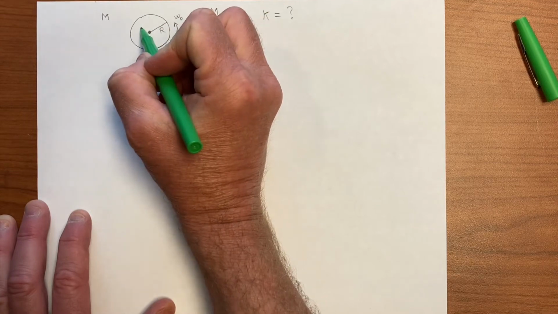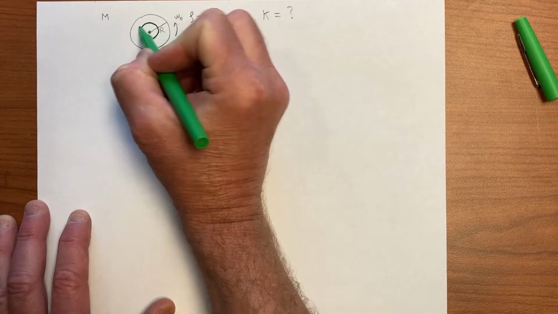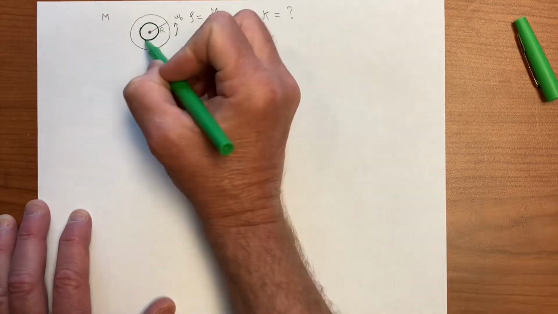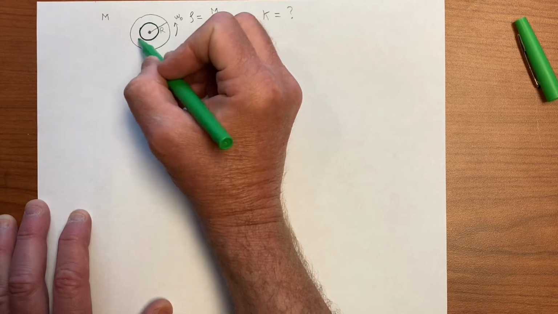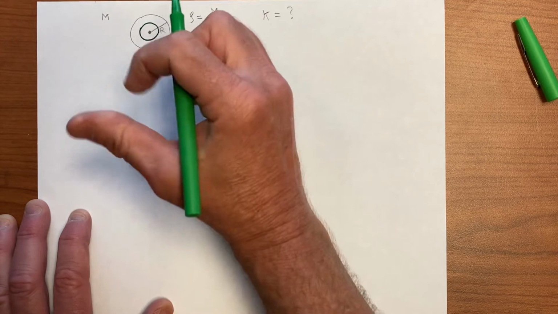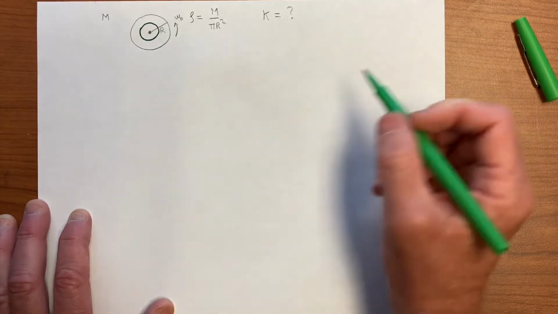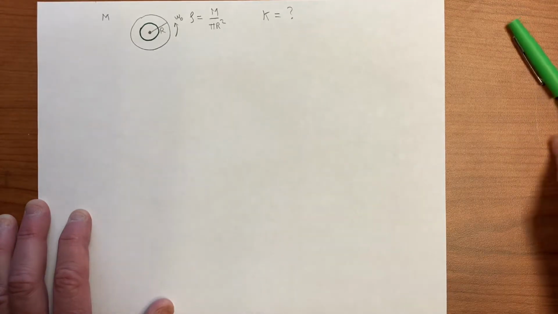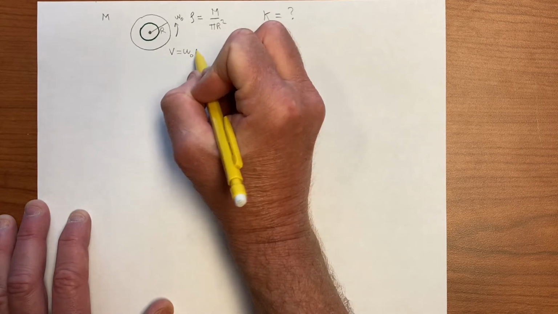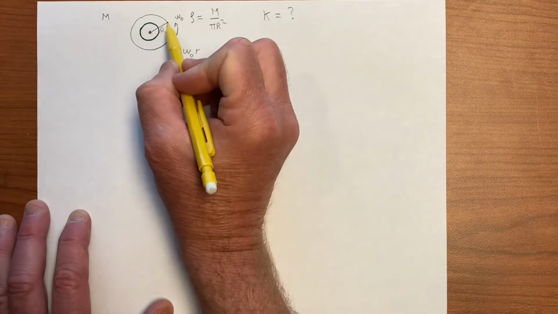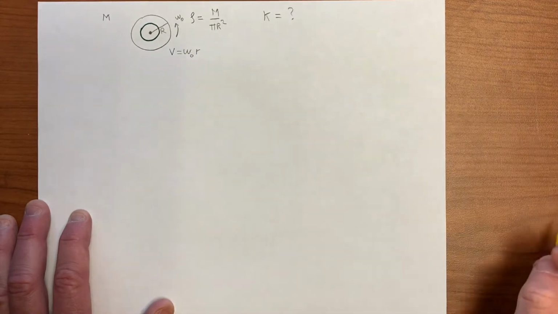So if we divide this up into little concentric annuli, so there's a tiny little width there, and there's a length, which is the circumference. The further that annulus is from the center, the faster the speed, and that relationship is just v equals omega naught times r. So the edge travels at a linear speed of omega naught times capital R.